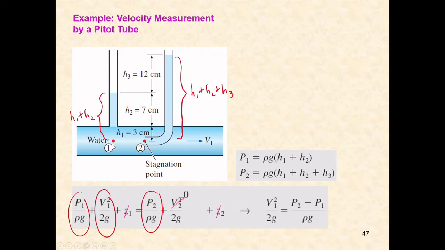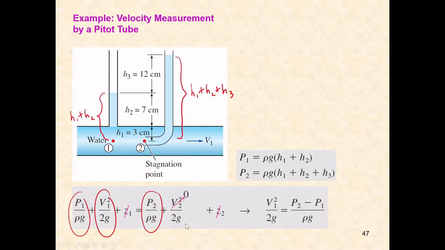For V1 and V2, at V1 the water is moving, and at V2 the water stops. The water becomes stagnant, so V2 becomes 0. So you only have V1. For Z1 and Z2, both are at the same elevation, so Z1 equals Z2, and as a result both cancel out.